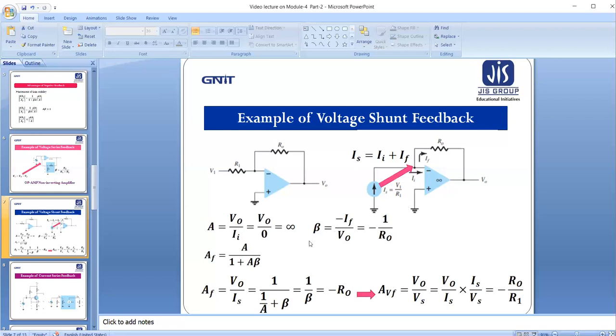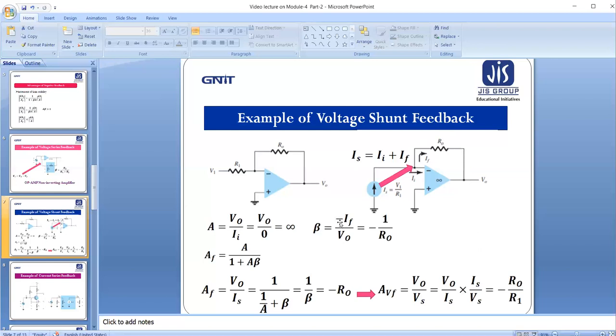Now beta, that is the feedback ratio. Feedback factor means the feedback signal divided by the output signal. Now in this circuit, the feedback signal is current IF, and the output signal is voltage, that is V naught. So IF by V naught. Now we know normally that V naught will send a signal from the output towards the input, but here the feedback current direction is from input to output.